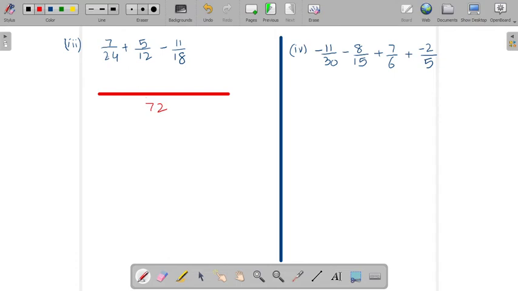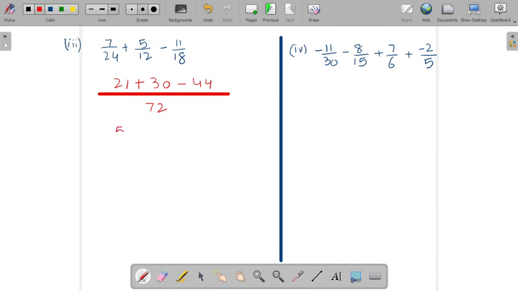Now 72 divided by 24, what would it be? 72 divided by 24, so it would be 3. 3 multiply 7, 21 plus 72 divided by 12, so it would be 6. 6 multiply 5 is 30. Now similarly 72 divided by 18, it would be 4, multiply it with 11, 44.